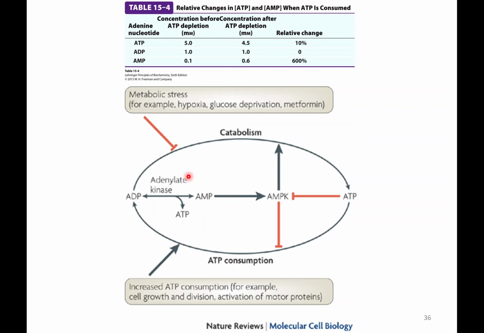That's because there's an enzyme called adenylate kinase, and it takes two ADPs and makes one AMP and one ATP. So that way it recycles it to get the most amount of ATP out as it can. The most bang for your buck for ATP. And so that's why the ADP concentration is sort of constant and AMP concentration can change as ATP is used.